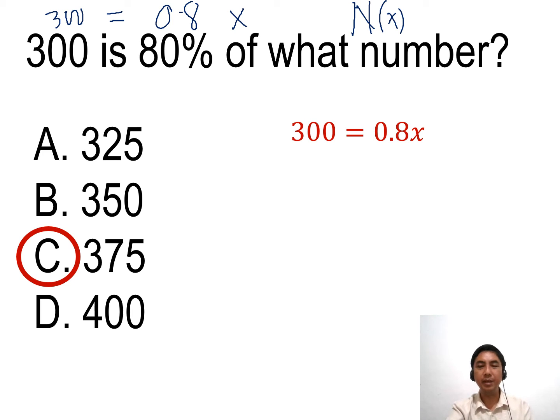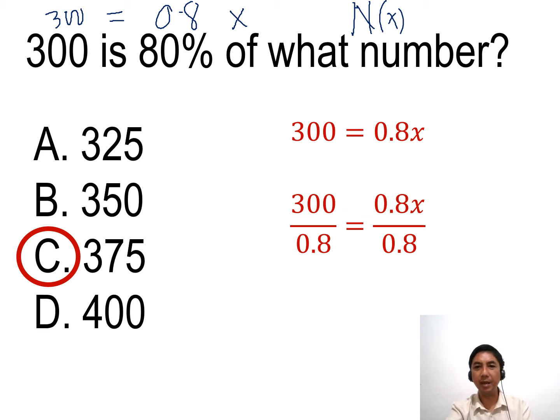So if you follow the equation, 300 is 80% times x. Okay? Then we divide both sides by 0.8. I-cancel mo lang yan. Matitira mo is x. And 300 divided by 0.8 is 375.